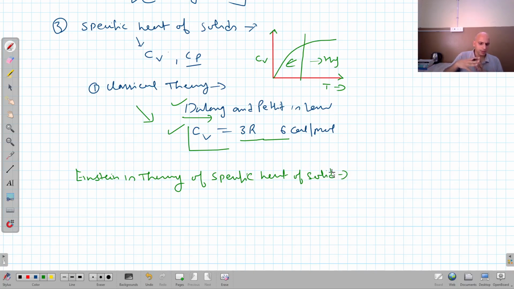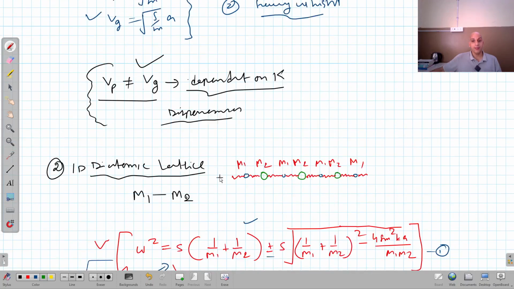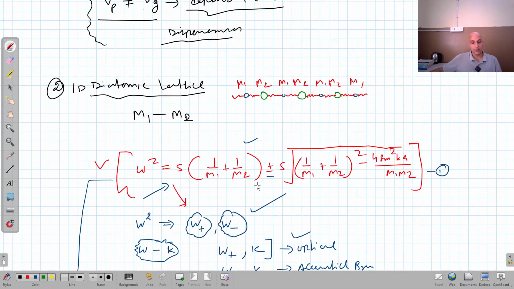The main point in the Einstein theory was that Einstein said that the atoms inside the solid may be considered as independent harmonic oscillators, all identical, because we have seen in the case of lattice vibrations that they behave like a harmonic oscillator, right.